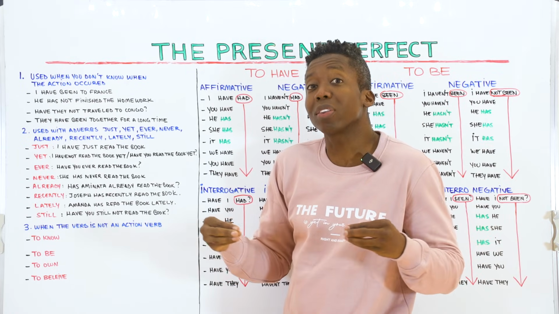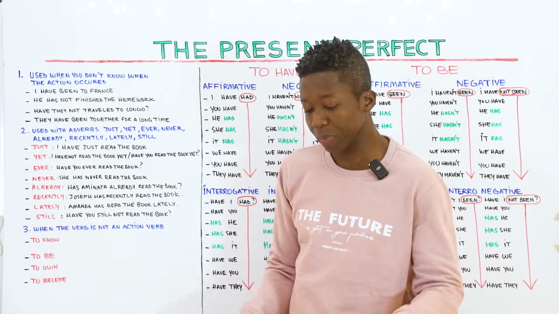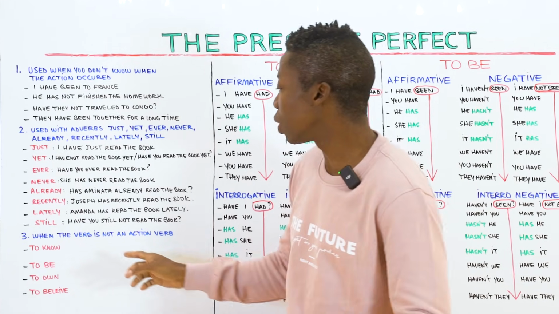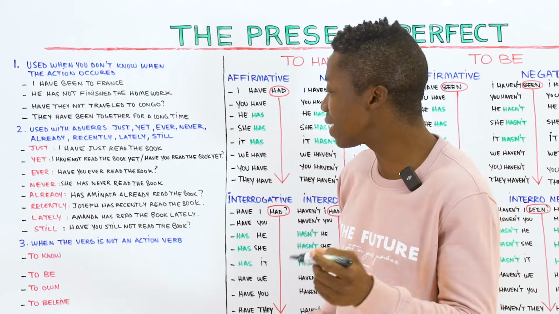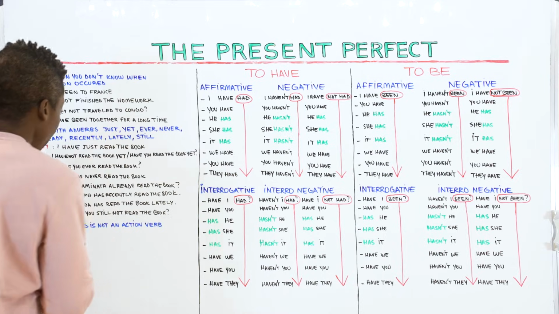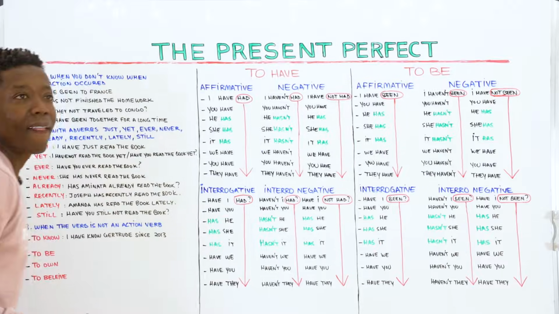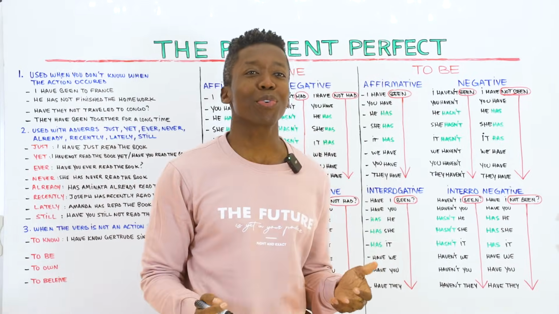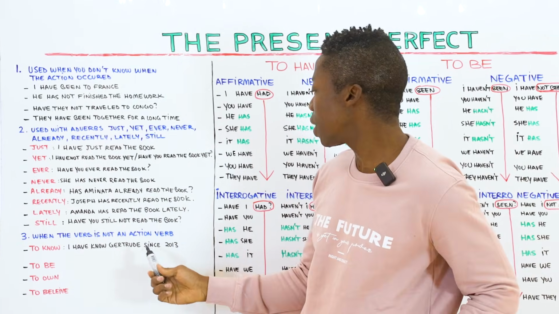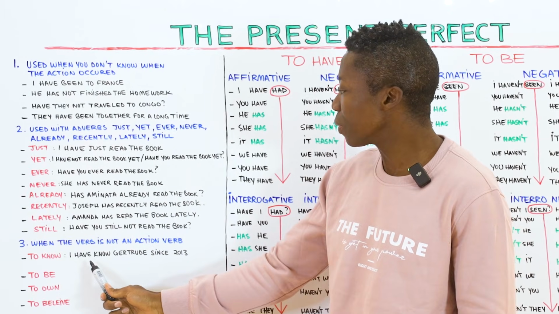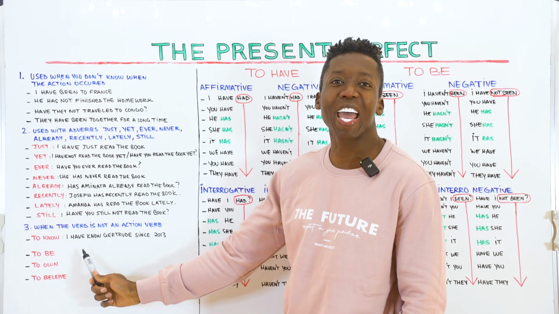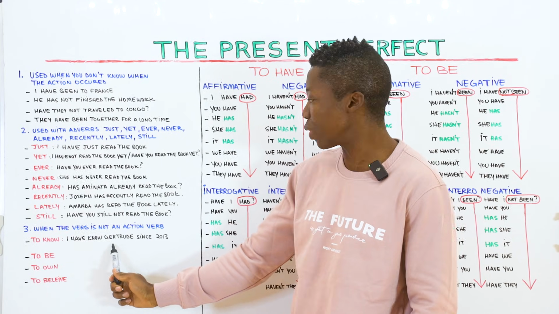On ne peut pas être en train de connaître quelqu'un. Okay? So here we will use the present perfect instead. So here we will say, I have known Gertrude since 2013. I have known Gertrude since 2013. So here, we cannot say I have been knowing Gertrude.